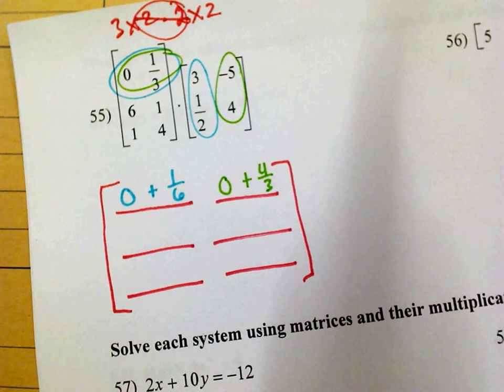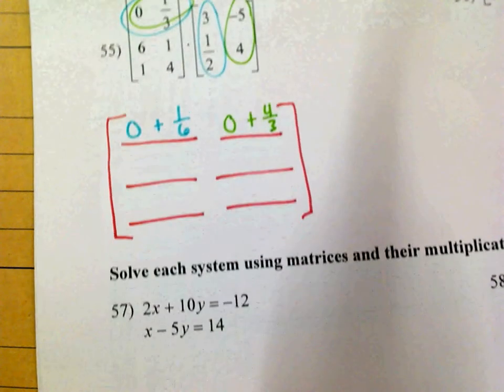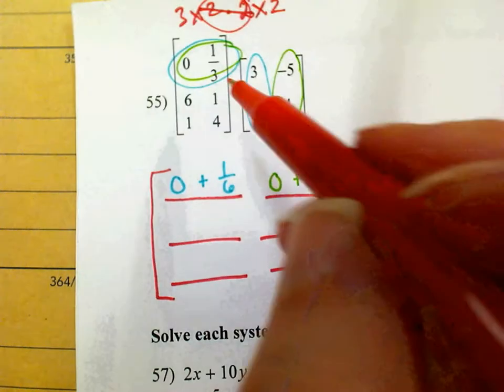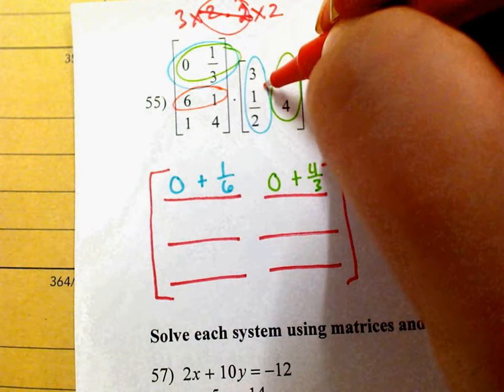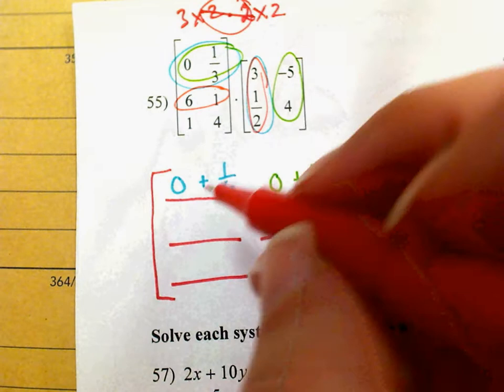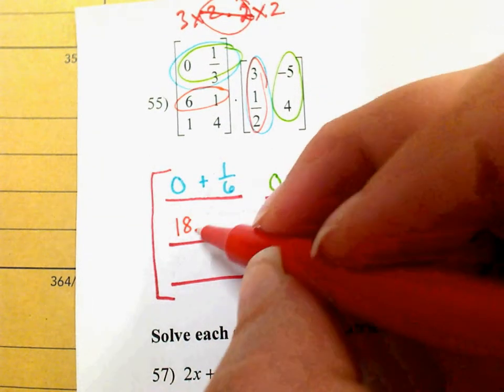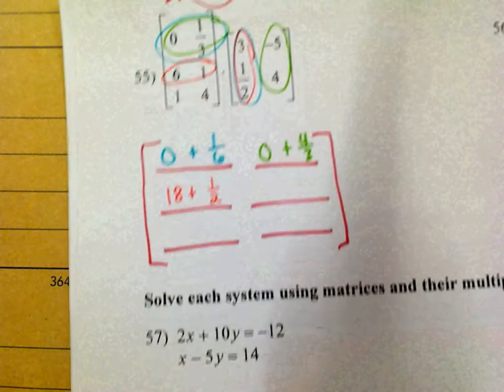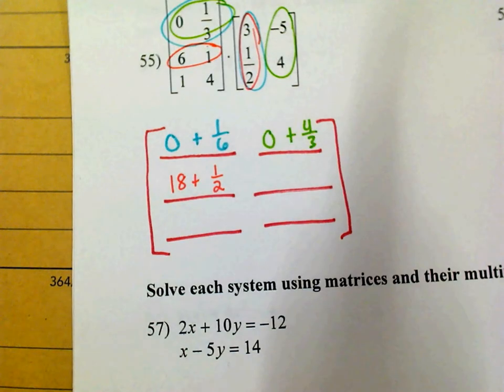Now I'm going to multiply the second row times both of those columns, right? So I've got 6 1 times 3 1/2. What's 6 times 3? 18 plus what's 1 times 1/2? 1/2. We'll have to simplify that in a little bit, but we'll come back to it. And now I've got 6 1 times negative 5 4. What's 6 times negative 5?